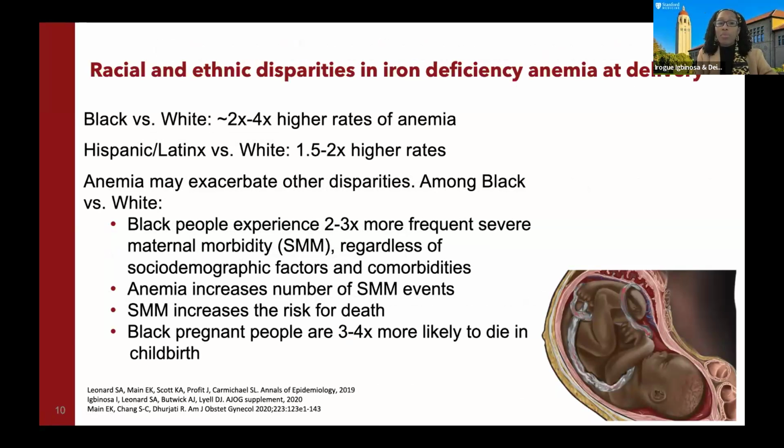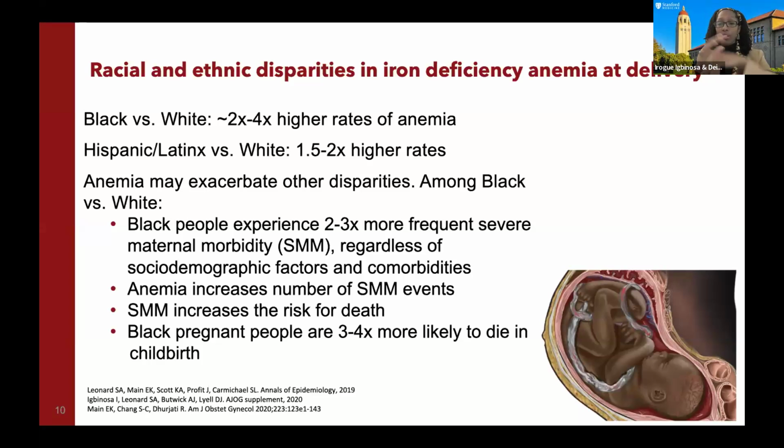And so when we think about anemia, severe maternal morbidity, being a near miss, an almost a death, if you will, is increased for those who have anemia, regardless of social demographic factors such as insurance, timing of care, and all those other things that you might think may come into play. And we know that severe maternal morbidity increases the risk of death.